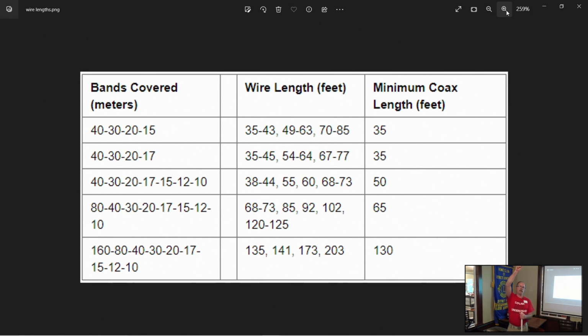I use a separate counterpoise wire coming down at an angle, and the coax coming down not parallel to that, but away from that, to get less RF coming down the coax into my shack. And by doing that, I don't have to use a choke on my coax, but I'm not terribly worried about a little RF in the shack.